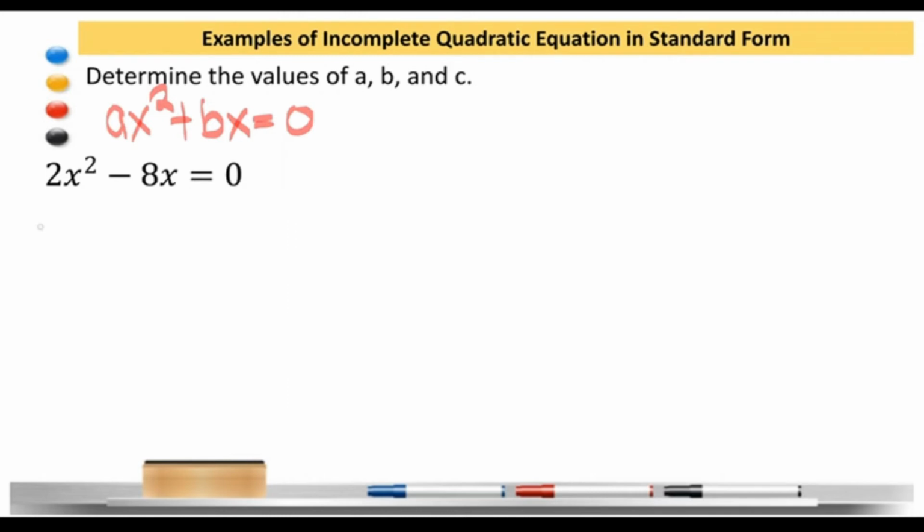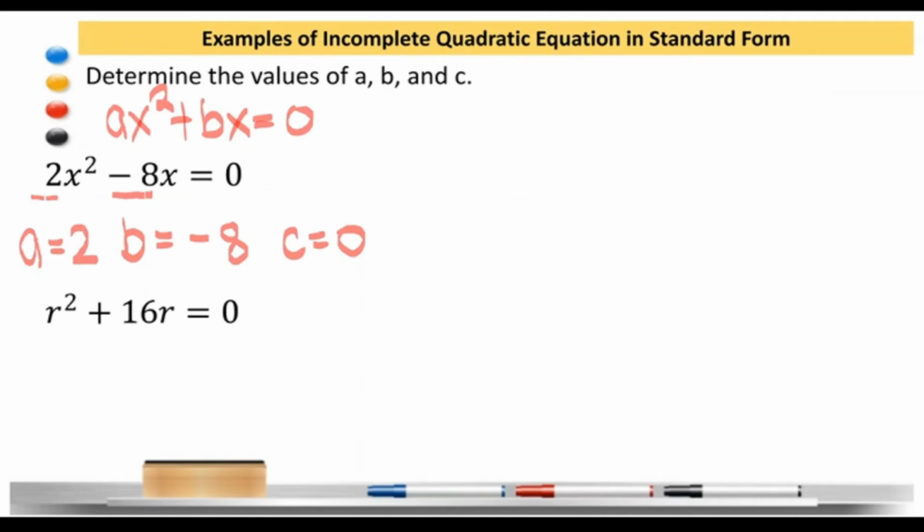The value of a here is equal to positive 2. The value of b here is equal to negative 8. And the value of c is equal to 0 since the constant term is missing.